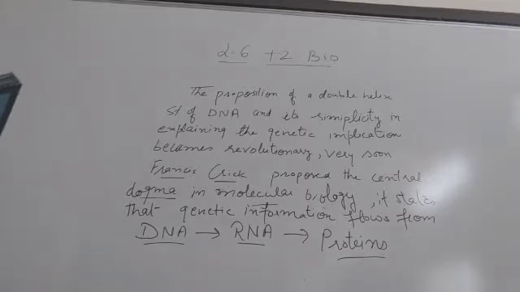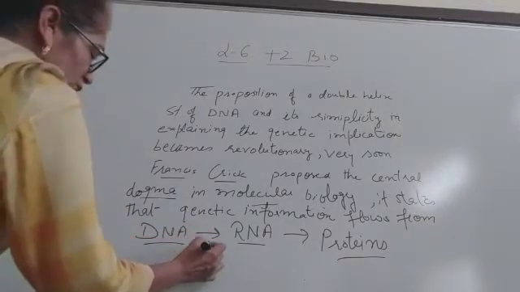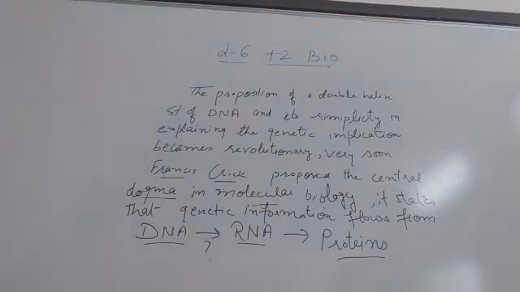Now, DNA gives this message to RNA, which is called messenger RNA, and we call it transcription. This first part is transcription, that is, the message goes from DNA to RNA, and then this messenger RNA gives it to the proteins and we call it translation.